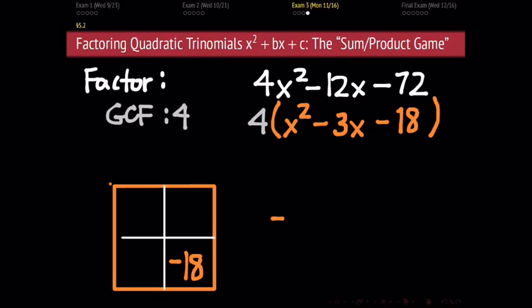So if you like guessing and checking, and I think this is how your book recommends beginning the process, start thinking about what pairs of factors multiply together to give you negative 18. A simple example is negative 18 and 1. What are some more examples?